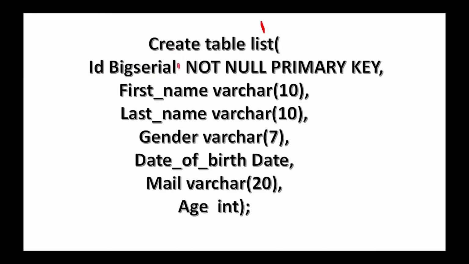As you add more data it increases, so you don't have to always type the ID. Not null tells the database that this particular column should not be empty. You can't leave it empty.